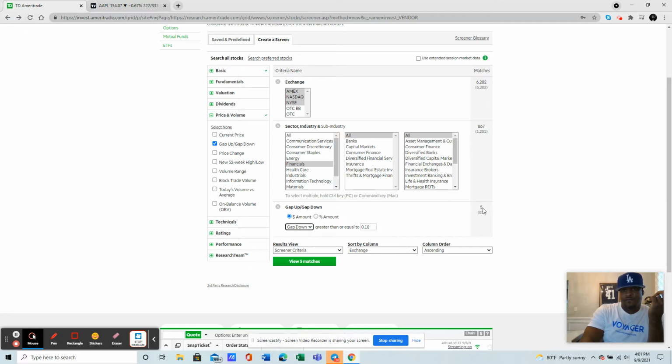So 5 for gap down. Let's run the gap up. We're going to keep it at 10 cents, or you can do 20 cents. So 5 showed up that jumped that much. At 30 cents, 3.